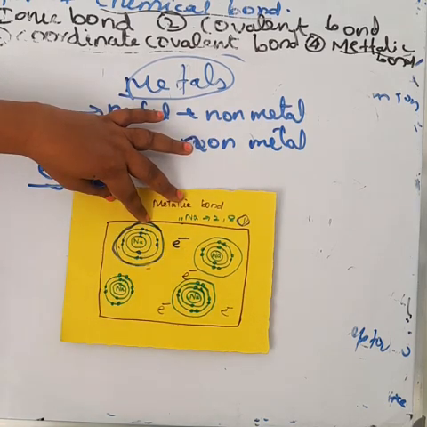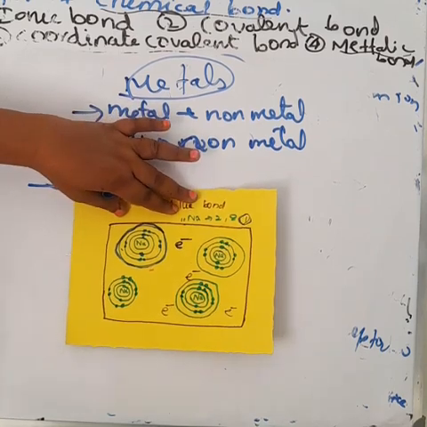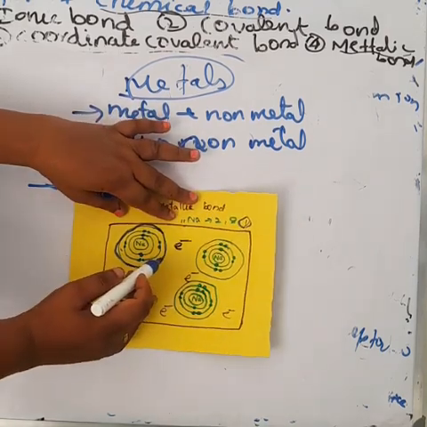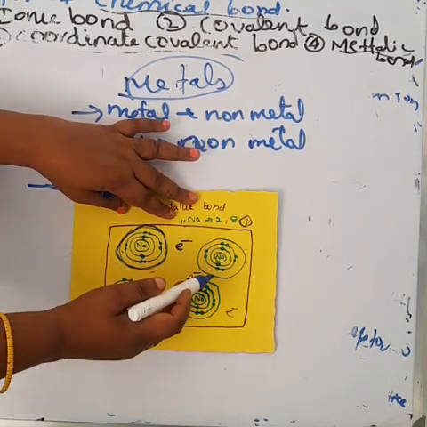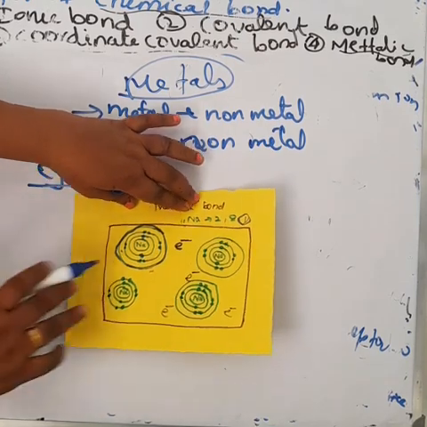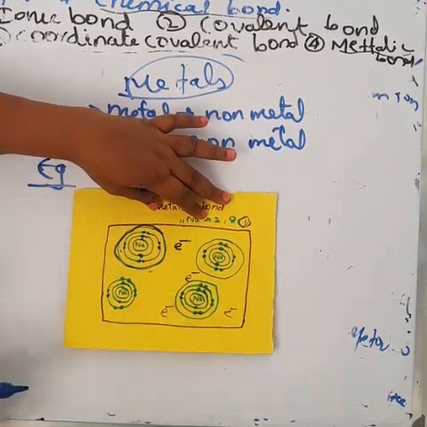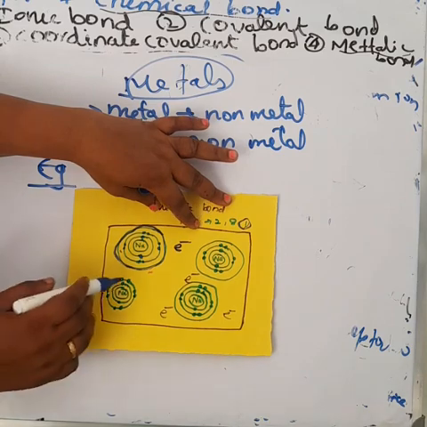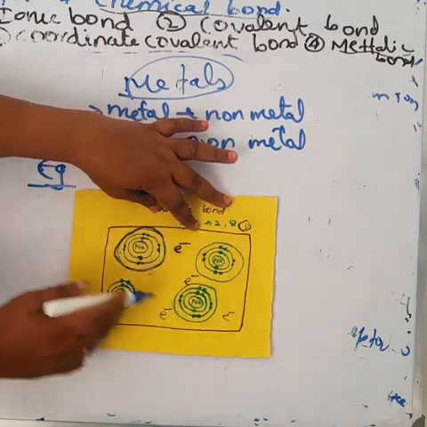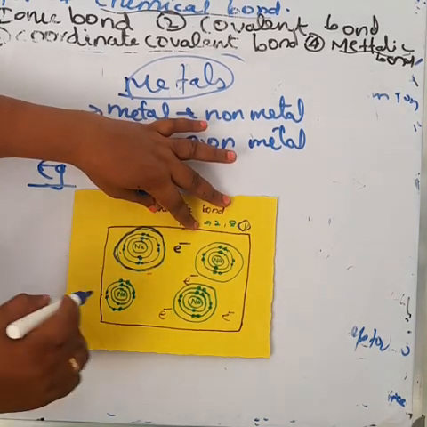The electron from the outermost orbit of a sodium atom is attracted by another sodium atom, so it moves freely along the crystal lattice.